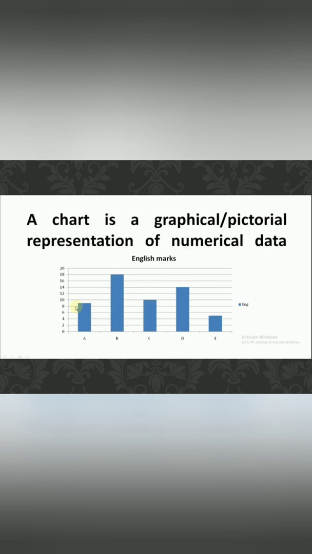For example, the marks of A are between 8 and 10. Here you see many things like bars, some lines, boxes, headings. What are these? These are actually the various components of charts. So let's learn about the various components of a chart.